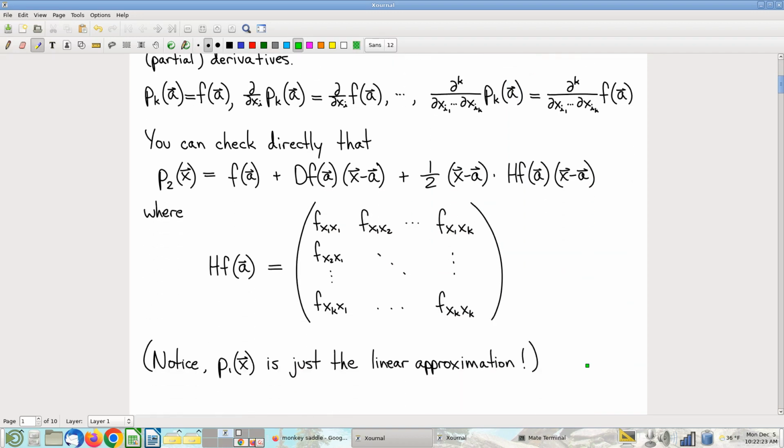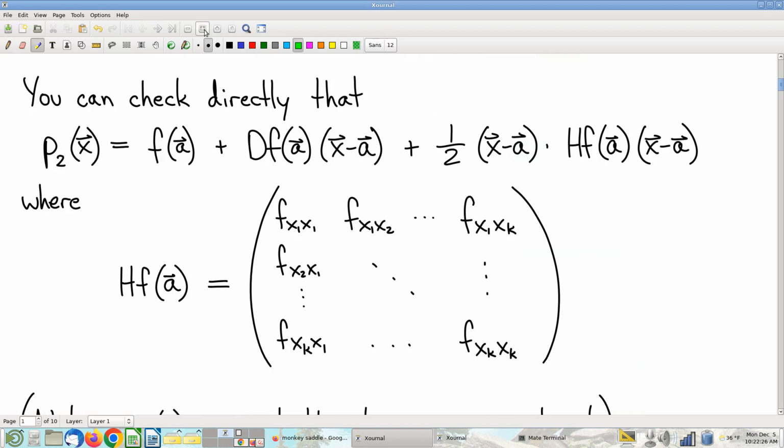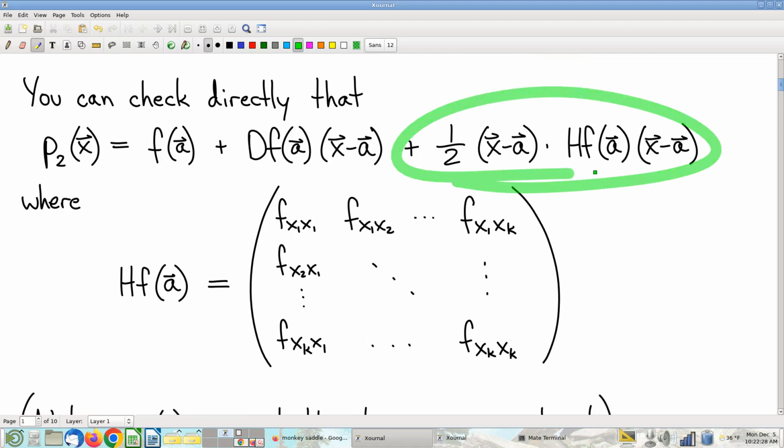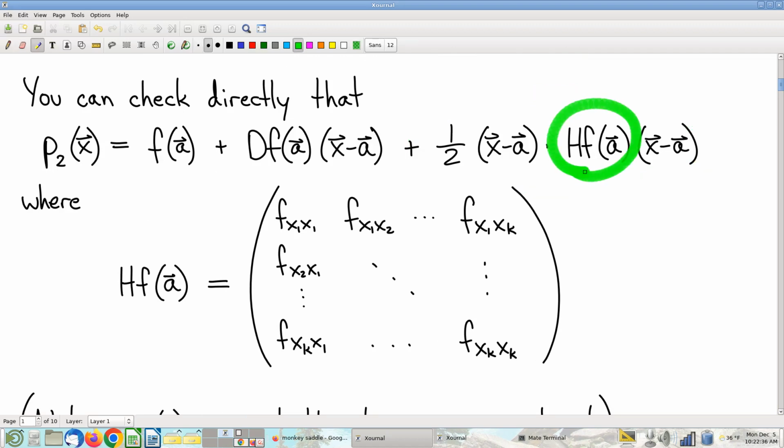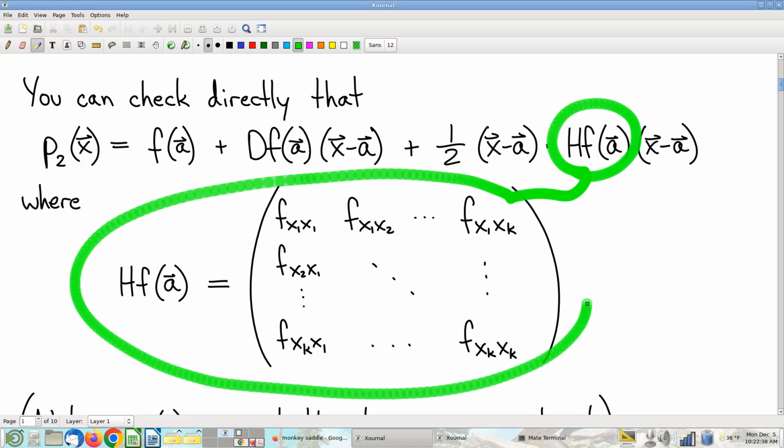Well, if you get right down to it, this is the real formula, and if you just apply this in a single variable setting, what is this matrix? All of the second partials of a function that only has one variable. Well, if there's only one variable, there's only one second derivative.